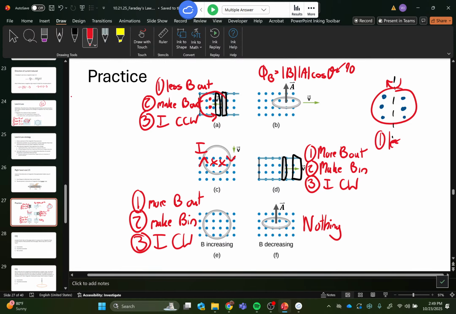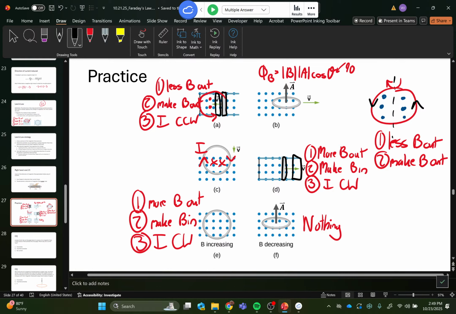In this case, less B out. How do I counteract that? I'm going to make B out. How do I make B out? I'm going to have a current that flows, I have to be careful here, counterclockwise.